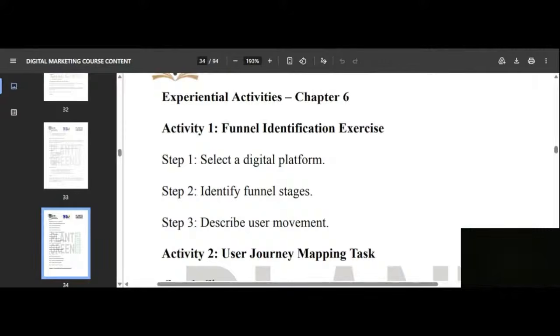So be transparent with the pricing. In funnel design, guide the users clearly. Make a very intuitive user interface. Do not force the user. Do not force any kind of decision on the user. And always respect the user's choice because this is very important to implement.